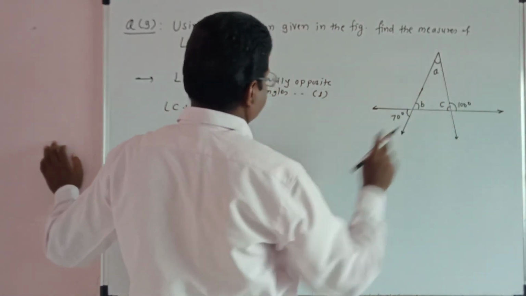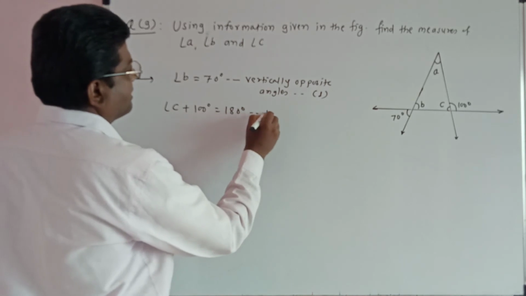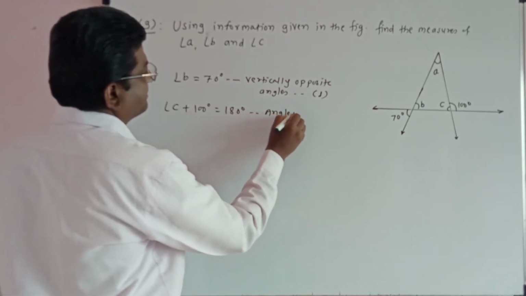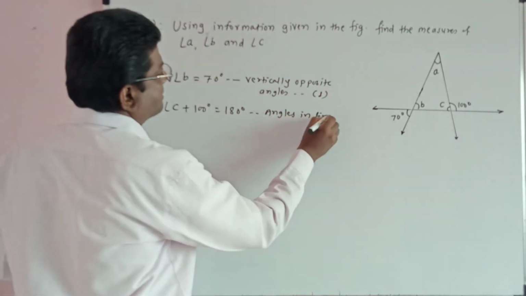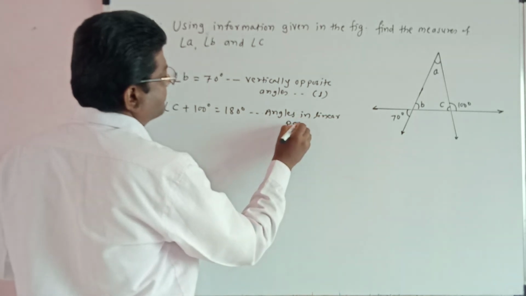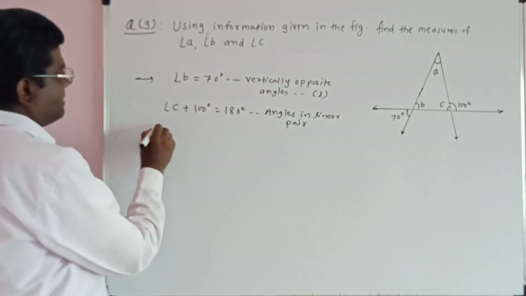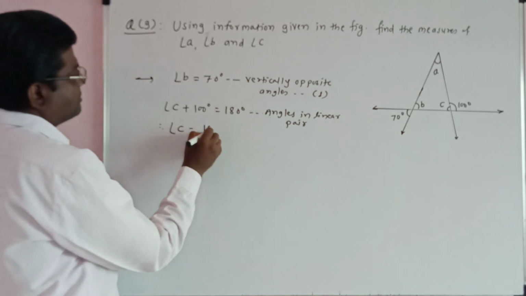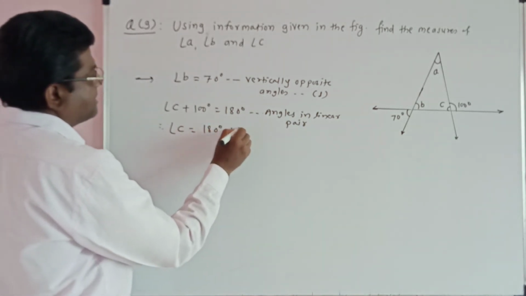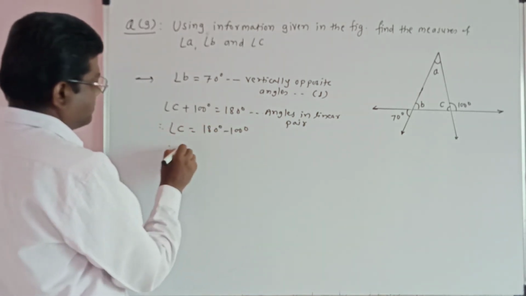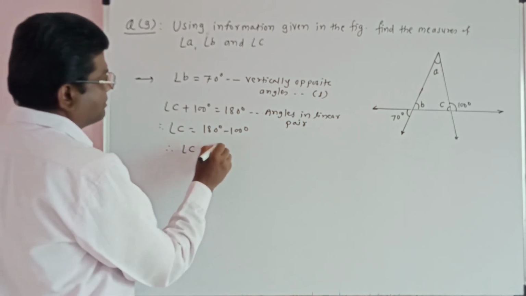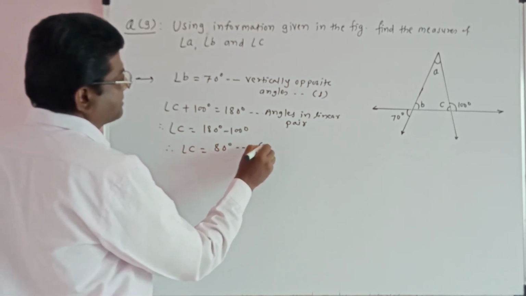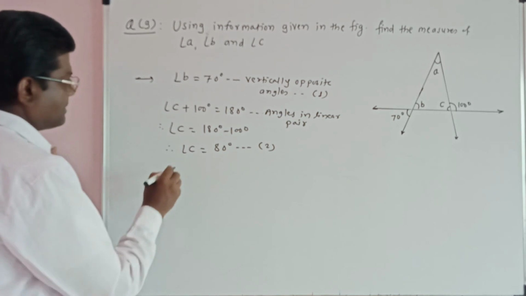These two angles sum to 180 degrees. Reason is angles in a linear pair. Therefore, angle C is equal to 180 degrees minus 100 degrees. Therefore, angle C is equal to 80 degrees. This is equation number 2.